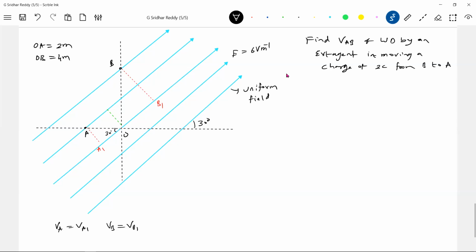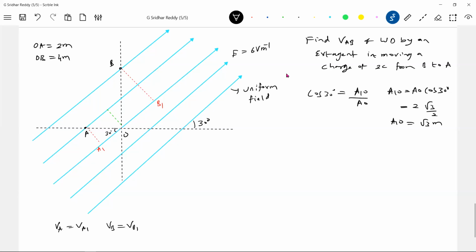Can we calculate first the potential difference A1O? For that, we need the distance A1O. From the geometry, cos 30 degrees equals A1O by AO. So A1O equals AO cos 30 degrees. What is the distance AO or OA? It is 2 √3 by 2, or √3 meter.